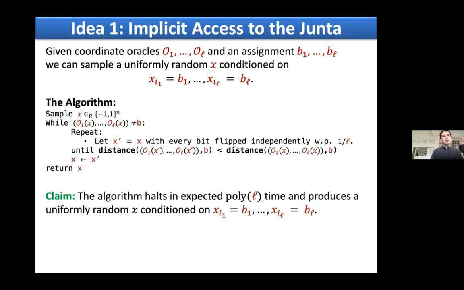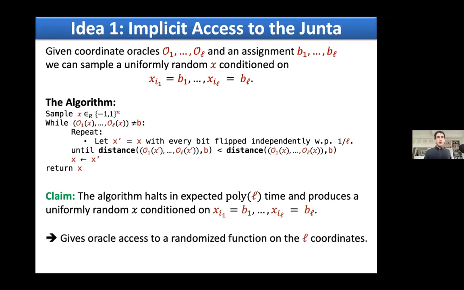So the probability that you would flip this coordinate and not flip all the other coordinates is at least a constant over L. If this happens, then you are improving your distance, and this happens with probability at least constant over L. So in expected time order L, you would improve your distance. So overall, in expected time order L squared, you would get there. So this is a very simple algorithm.